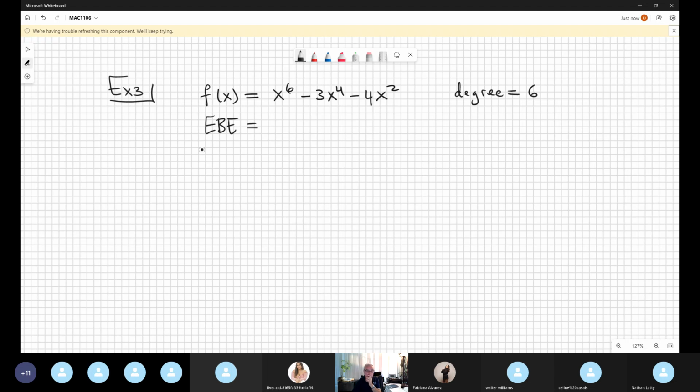We have three monomials: 1, 2, and 3. The end behavior expression represents the monomial increasing faster, which obviously is always the monomial that contains the higher exponent. Yes or no?